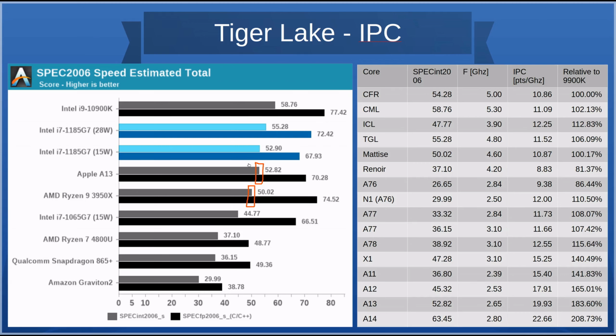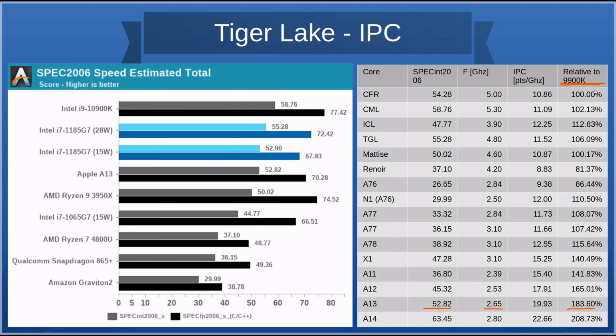Already today, the chip running at 2.6 gigahertz, you can see here the A13 running at 2.65 gigahertz, has 84% higher IPC compared to the 9900K.